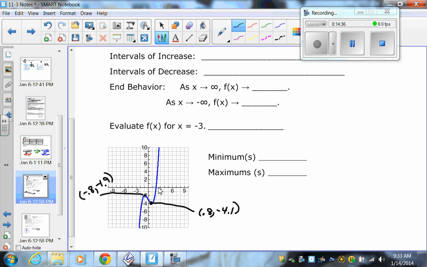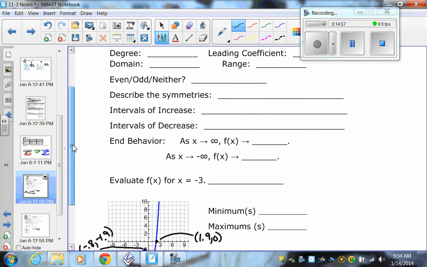And then I'm also going to calculate the zero, and so it crosses at 1.90. And so now I can answer any question that comes up.